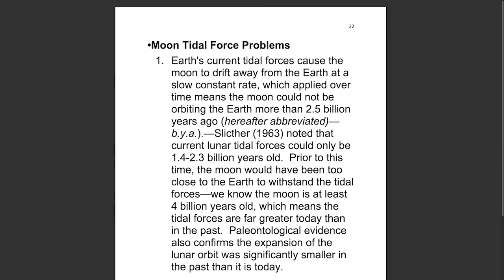As Schlichter in 1963 noted, current lunar tidal forces could only be 1.4 to 2.3 billion years old. Prior to this time, the moon would have been too close to the Earth to withstand the tidal forces.